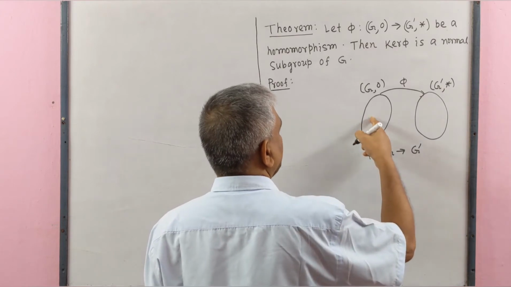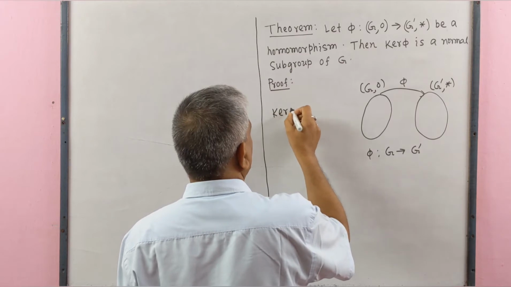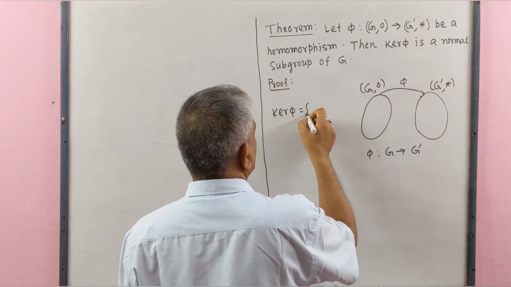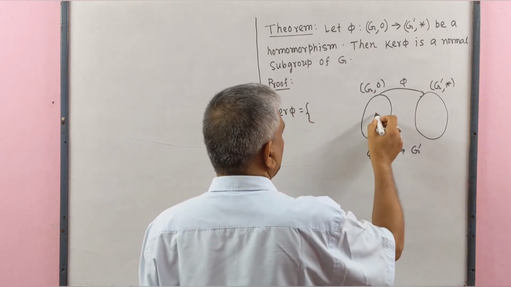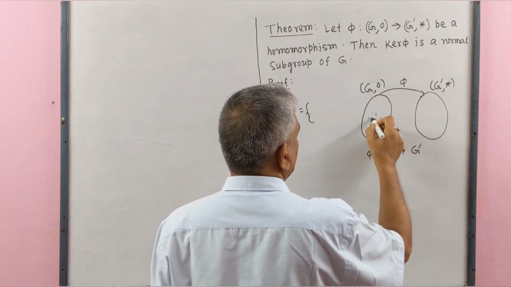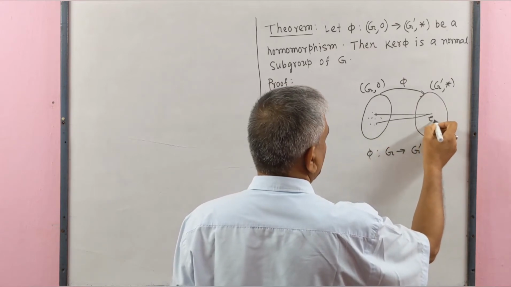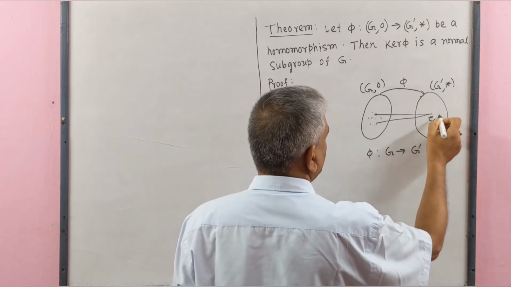We know that ker phi equals all those elements of G whose image is the identity element of G'.